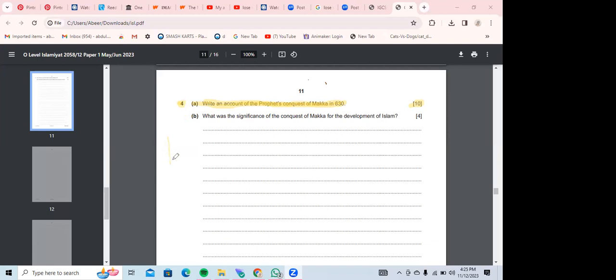Some candidates forgot to add that, and this was a very important verse. If you can, write two or three verses, do go for that. If you cannot, just try to write one verse that was revealed, which is good for your marking scheme.